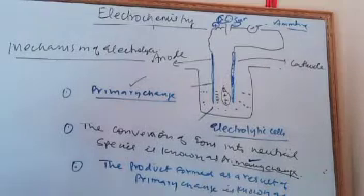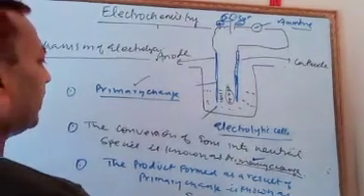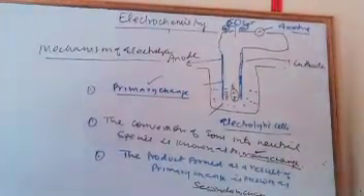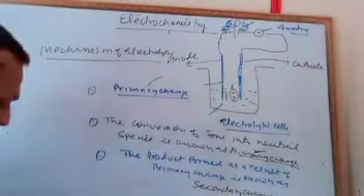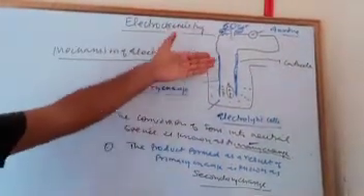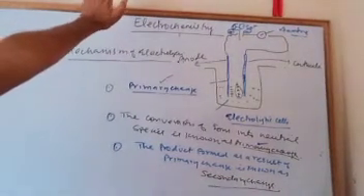So there are two types of change: first is primary change and second is secondary change. All right, this is a very simple concept.